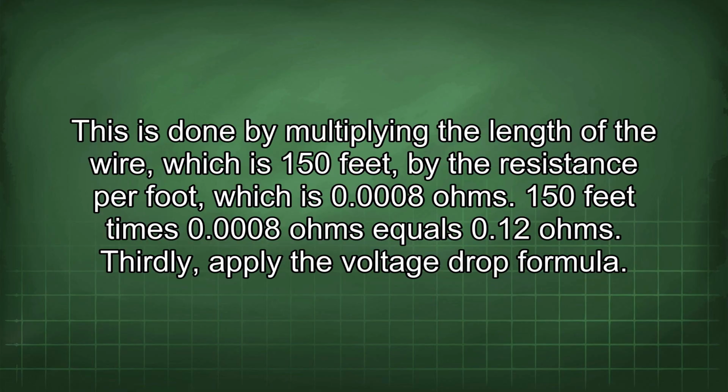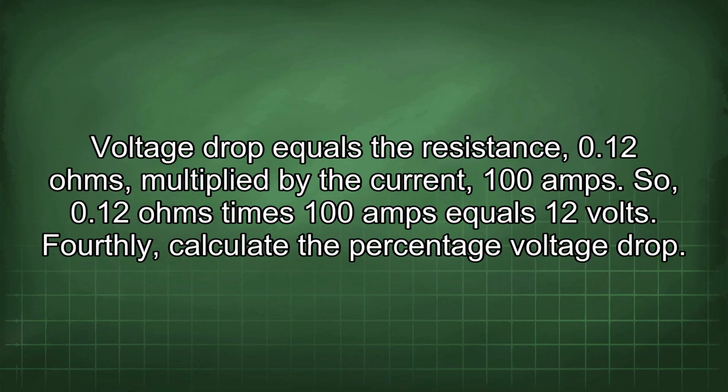Thirdly, apply the voltage drop formula. Voltage drop equals the resistance, 0.12 ohms, multiplied by the current, 100 amps. So, 0.12 ohms times 100 amps equals 12 volts. Fourthly, calculate the percentage voltage drop.